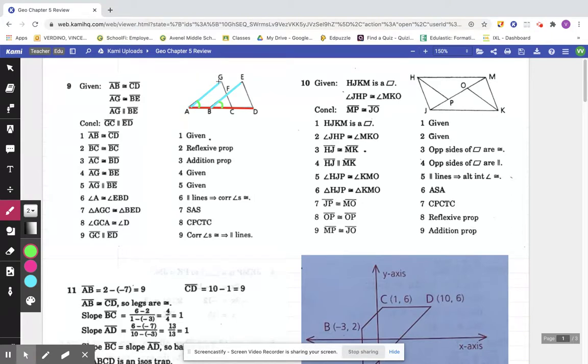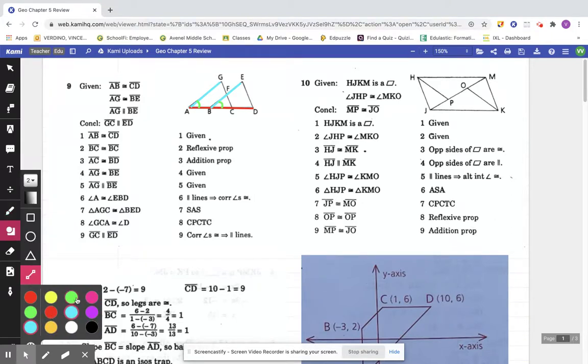So if these two triangles are now congruent, let me see if I can change the colors really quick. So I have this triangle, and I have this triangle.